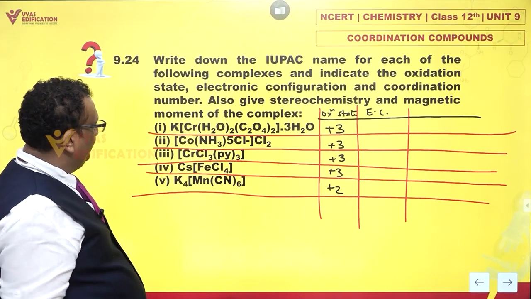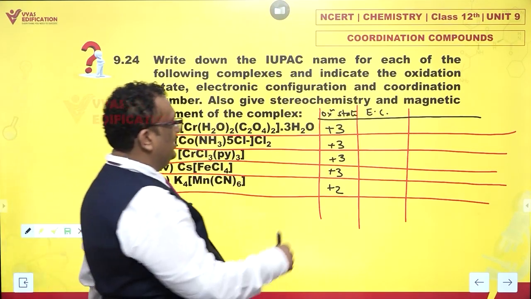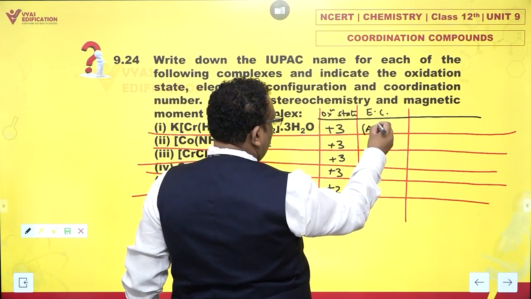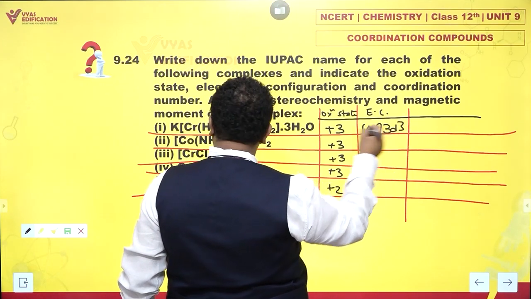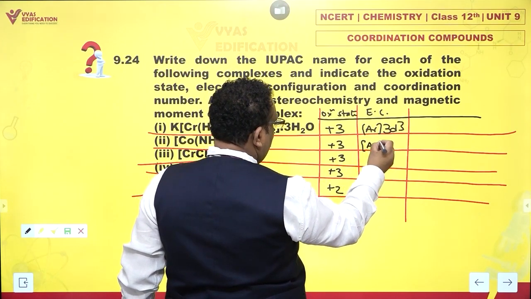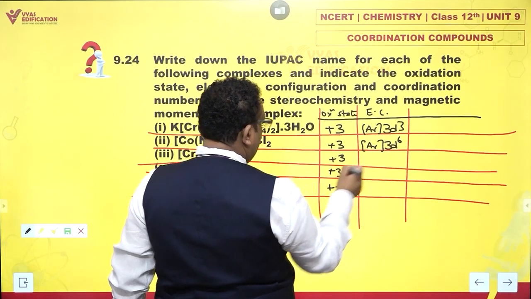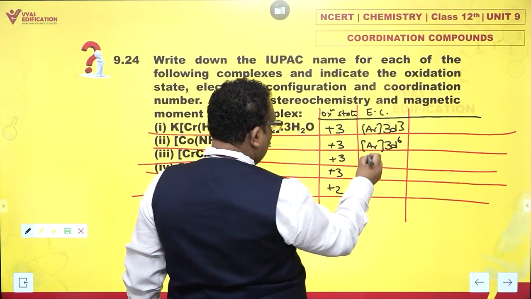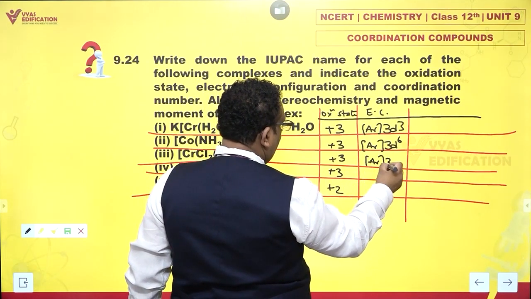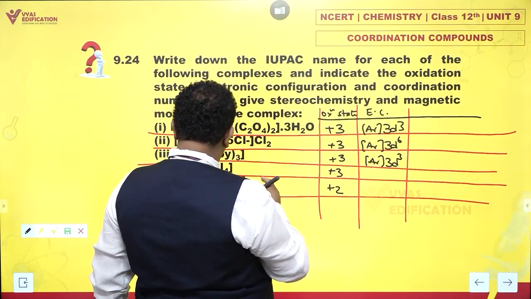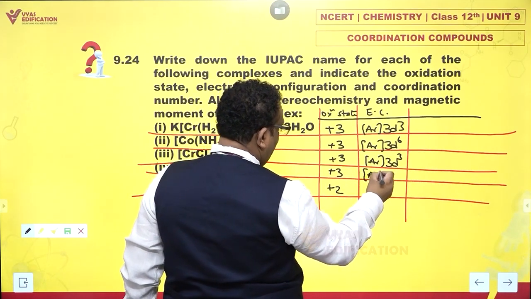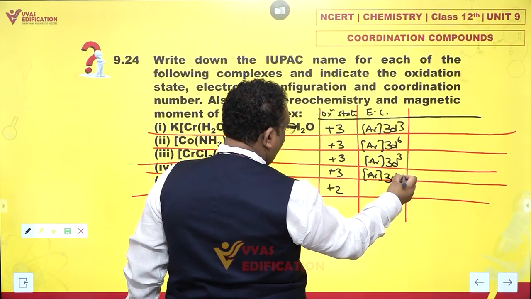Electronic configuration. Chromium plus 3 is argon 3d3. Cobalt plus 3 is argon 3d6. You can count and check. Chromium back again to argon 3d3. Iron plus 3 is argon 3d5.